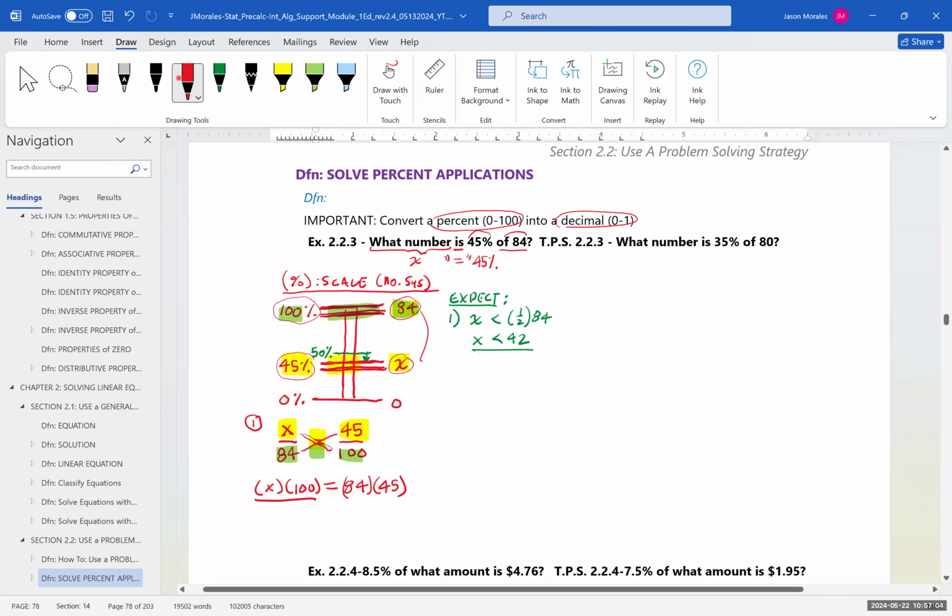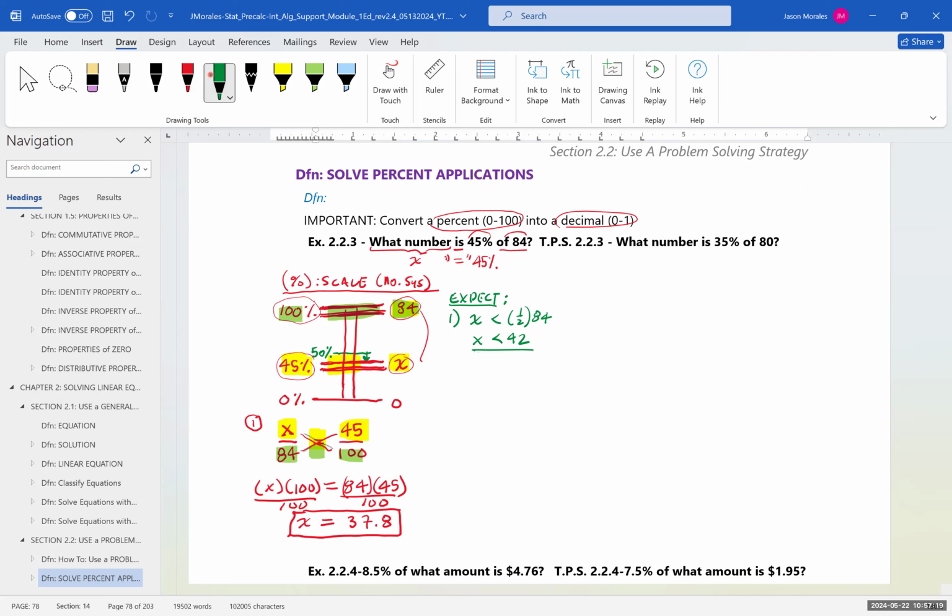We divide both sides by 100, and we get x is equal to 37.8. Does 37.8 satisfy our expectation where x is less than 42? It does. So we can feel pretty confident that this is the correct answer.